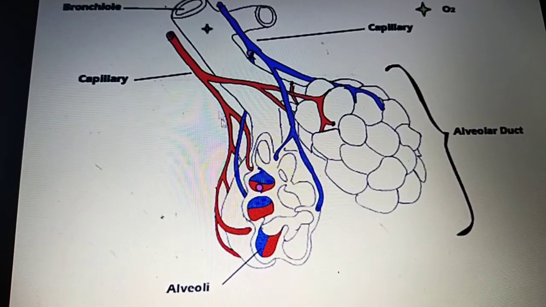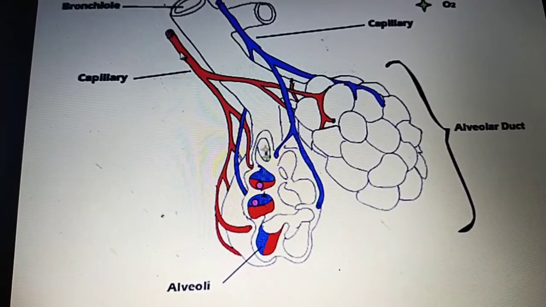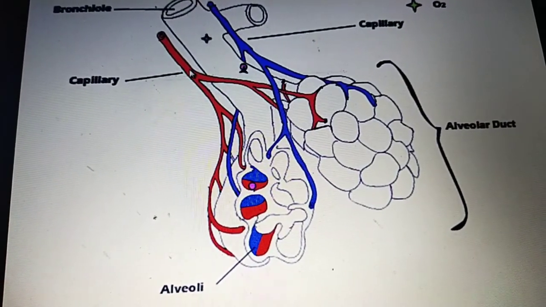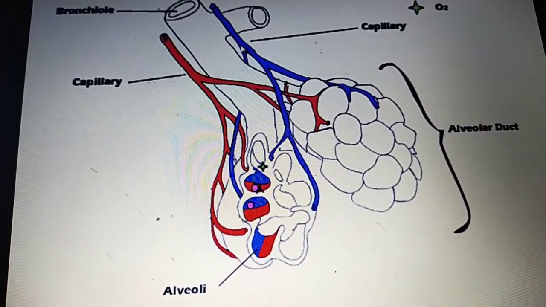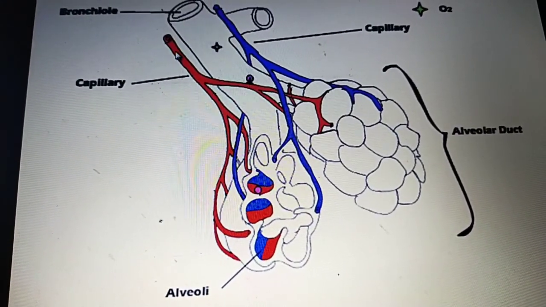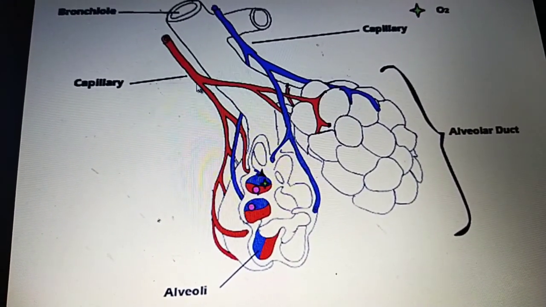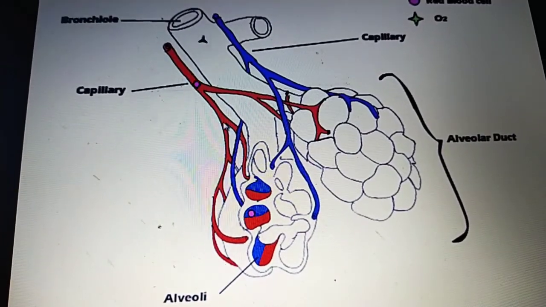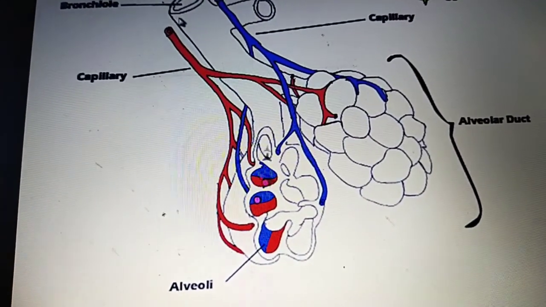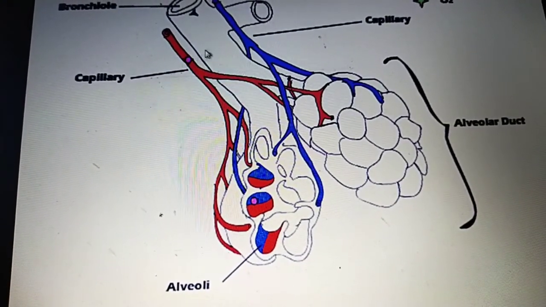This capillary, which is red in color, is a vein. Anywhere else in the body, red color is always artery and blue is always vein, but here it is opposite. Here the red-colored vessel is a vein, and it carries the oxygenated blood from the alveoli to the heart by the pulmonary veins.